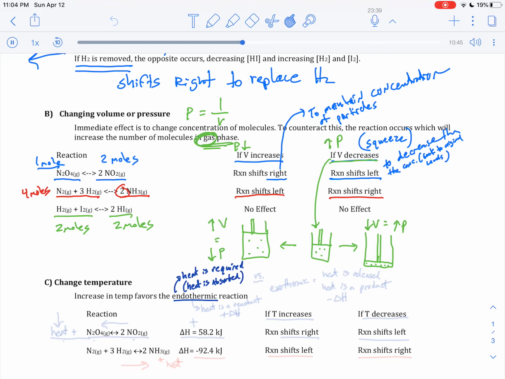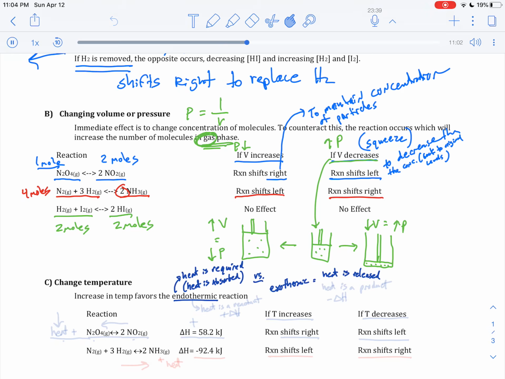The opposite of that is exothermic, and exothermic means heat is released.